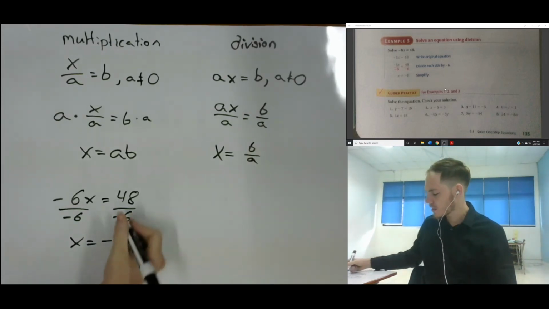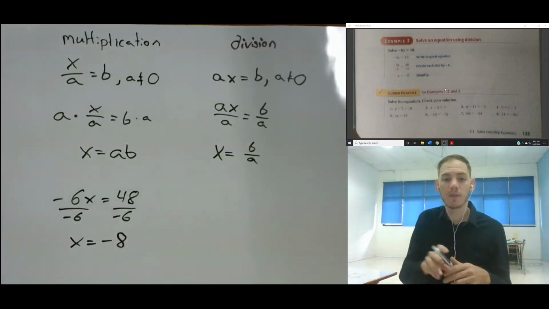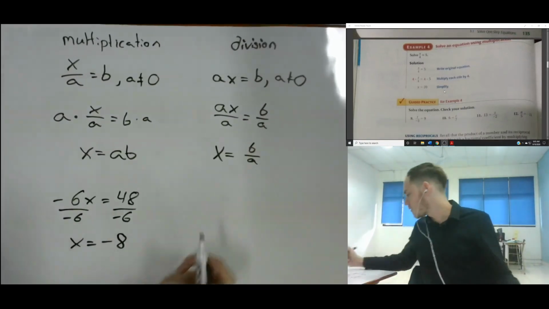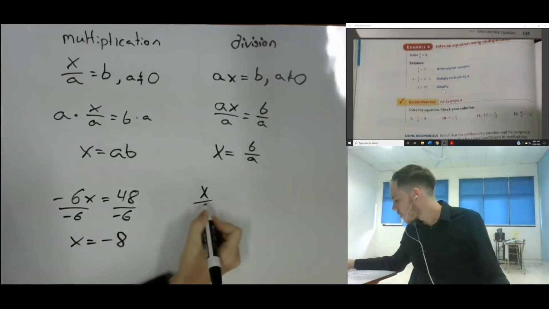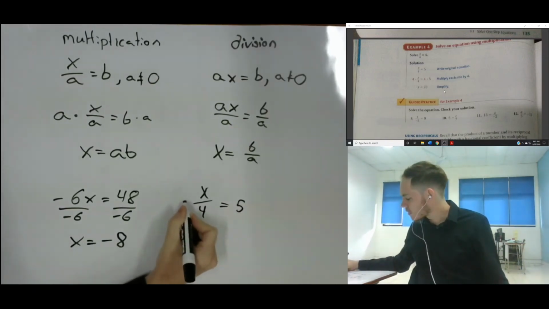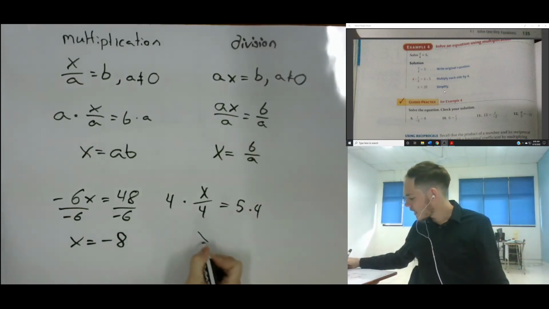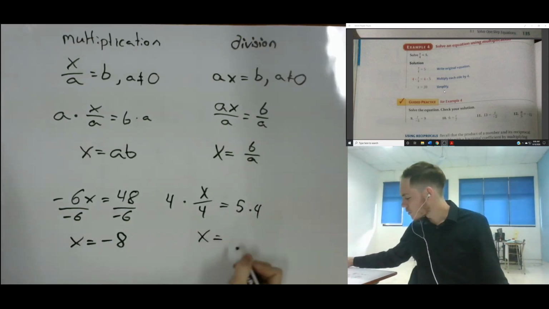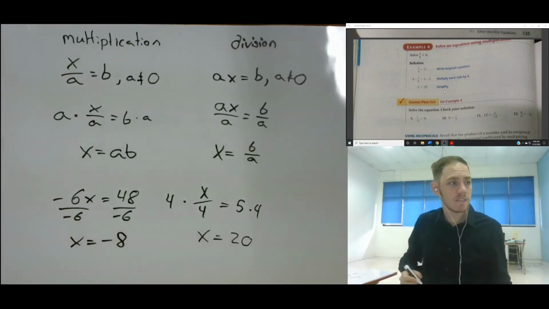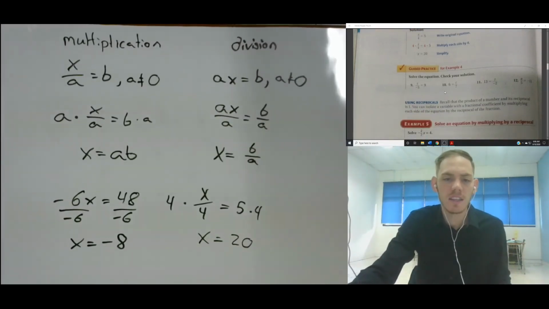And then if we were to use the multiplication property of equality, x over 4 is equal to 5. To solve this, we would need to multiply both sides by 4. Canceling this, you get x. 5 times 4 is 20. So our answer is x equals 20. That's how we use multiplication and division.